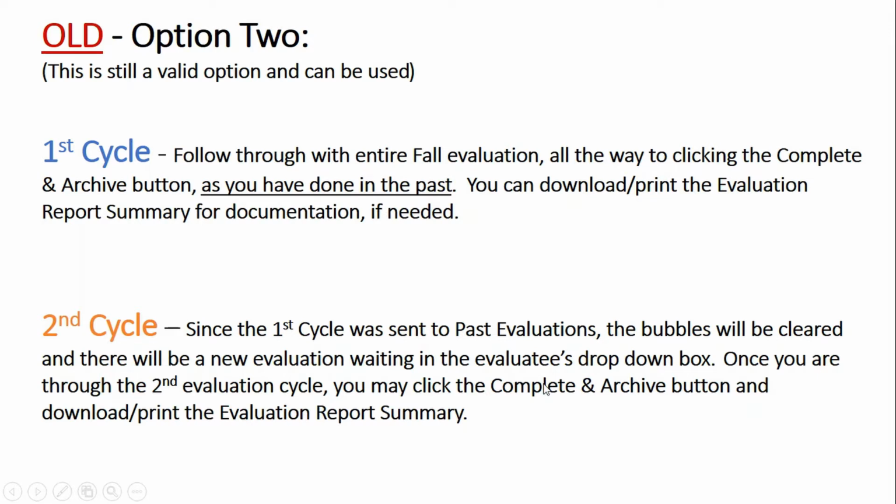So everything would need to be entered as a completely new evaluation, instead of like the new option where you would edit. So you can still use this option if it makes you more comfortable to complete and archive after each cycle. It will just be a little bit more work starting over with the self-assessment and goals for your new teachers to your district or just new to the profession.